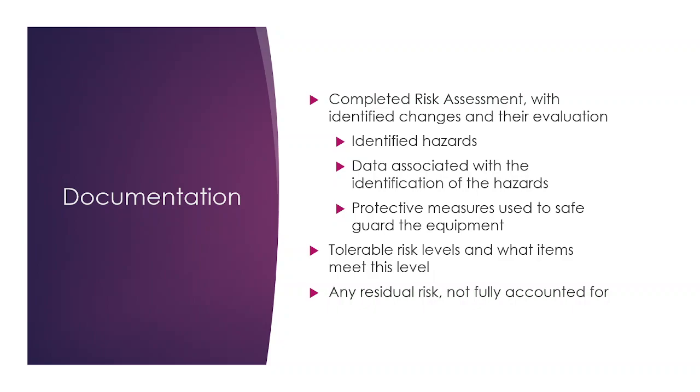Did you get all the way down to a tolerable risk level of low or negligible, or did you reduce it altogether? Whatever you hit, that should also be documented within your risk assessment, as well as any other adjustment or change. So if you deviated from what your standard is, you need to document what that tolerable risk level was and why it needed to be changed. And any residual risk, again, not fully accounted for, needs to be documented.